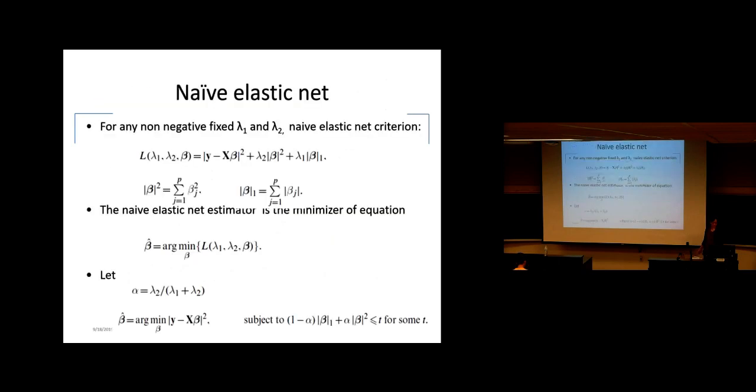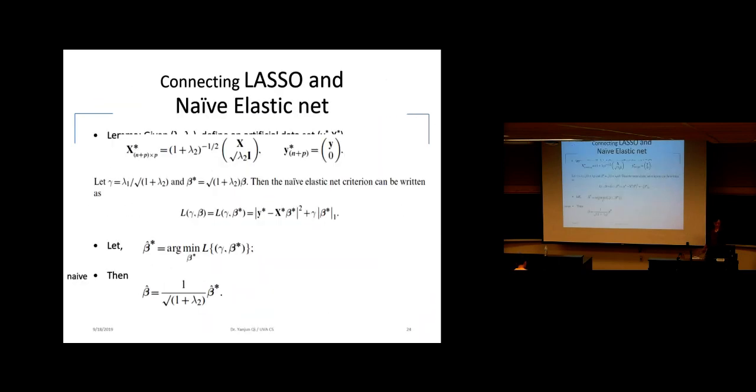And last is elastic net, which I covered. How do you connect elastic net and the lasso? Essentially, what you need to do in elastic net is reformulate your data so that y is y augmented with 0, and x is x augmented by a p times p matrix scaled by a scalar, the square root of lambda 2.